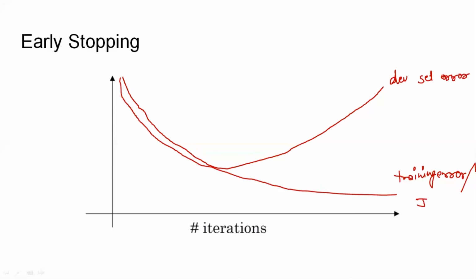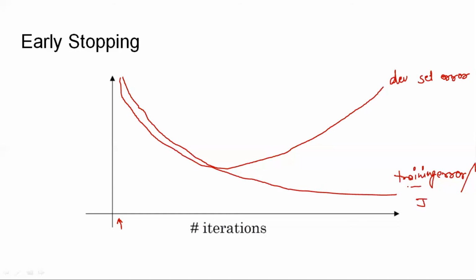Now I have some very minimum number of iterations, and the training error and the development set error are at the same point at this stage, a very minimal value. Since I am increasing the number of iterations, after a particular point the development set error is increasing as compared to the training set error.